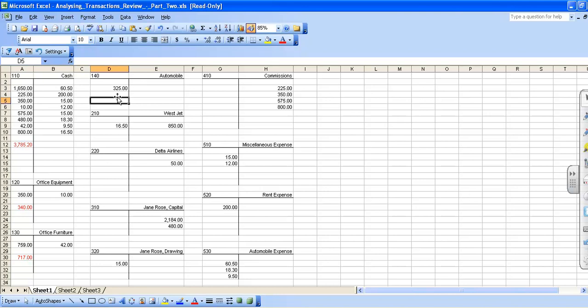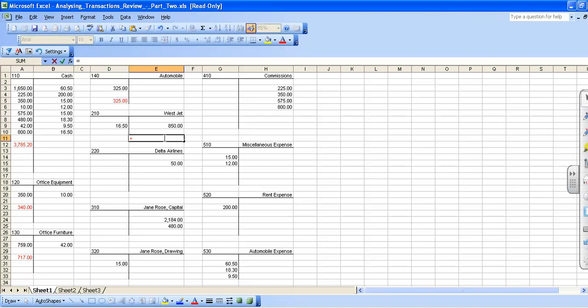Account number 140, automobile, is also an asset. We only have one entry here, so it's just going to be equals D3. Our formula doesn't change. Now we run into the liabilities because it starts with the number 2. So our balance should appear on the right-hand side of the account because it's found on the right-hand side of our balance sheet.